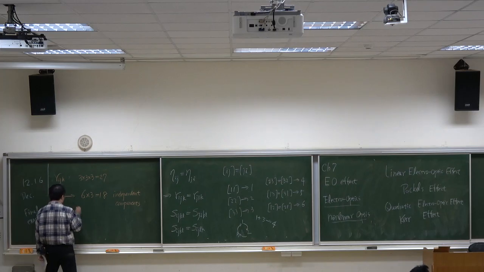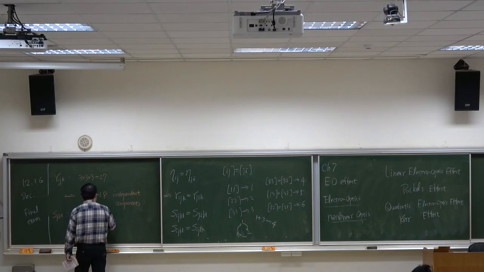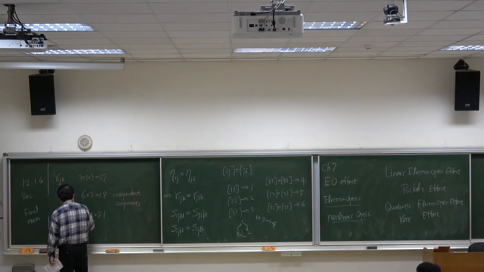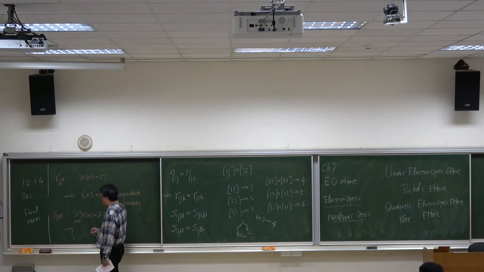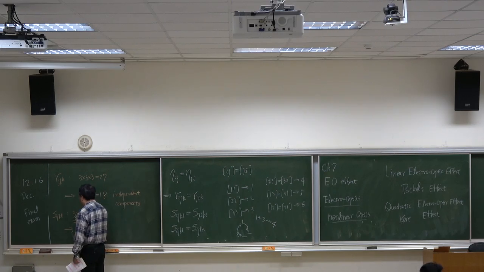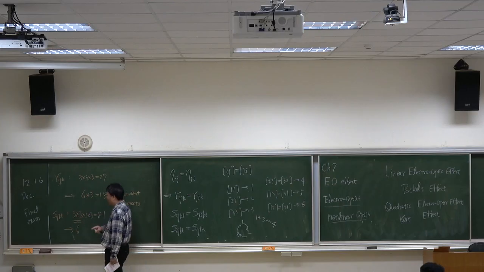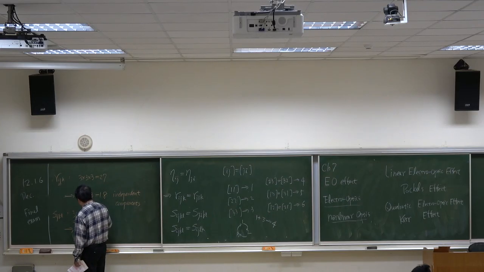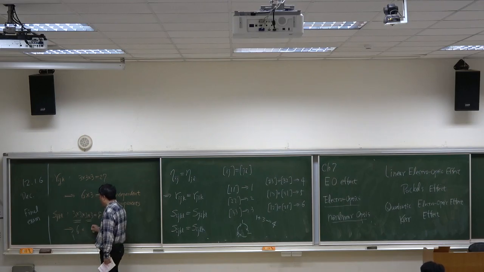Similarly, for the Sijkl coefficient, originally we have 3 times 3 times 3 times 3, which is 81 components. However, the independent components for the first two indices are only 6, and the independent components for the second pair are also 6, which gives us 36.